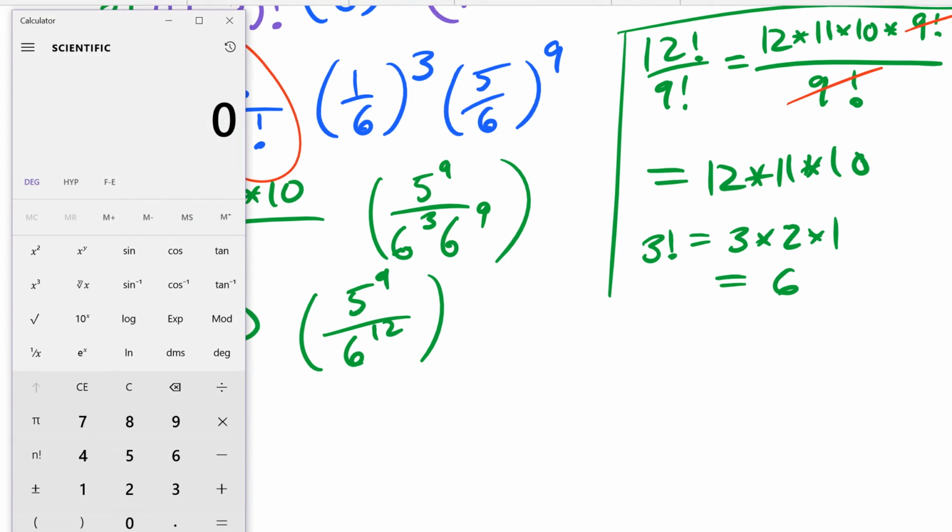Now I have to plug this into a calculator. So do 5 to the 9, we do 5, click the XY key to the 9, equals. And then we divide by 6 to the 12.